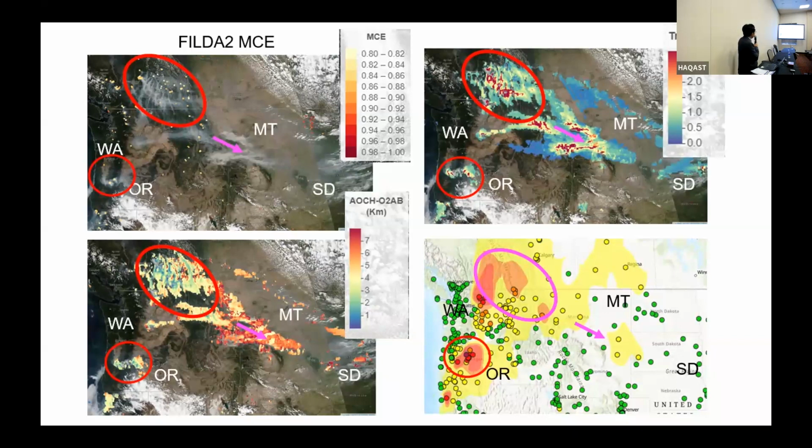However, when you look at my red arrow bar there, that's where the smoke gets transported to Montana. You can see the smoke plume now goes up to about 7 kilometers. That's where you can see the air quality there actually is moderate, and in many places actually in very healthy condition.